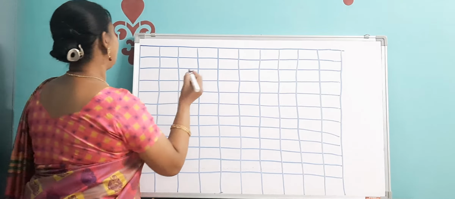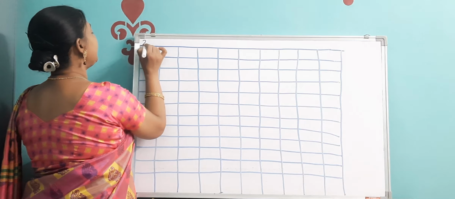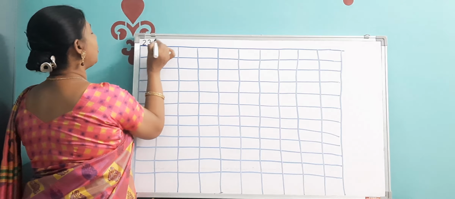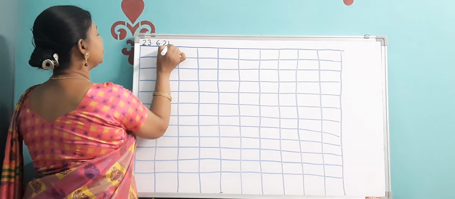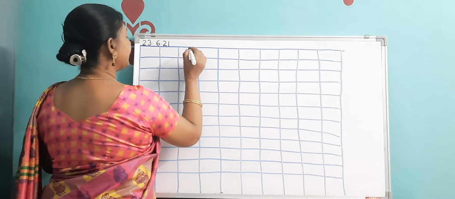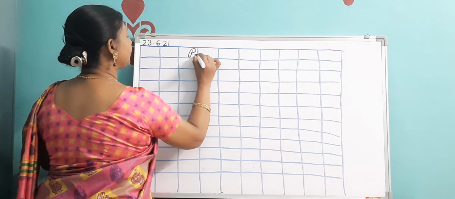Now, today's date is 23.6.21. First of all we write the date, then I'm going to write the heading here: pre-writing strokes.